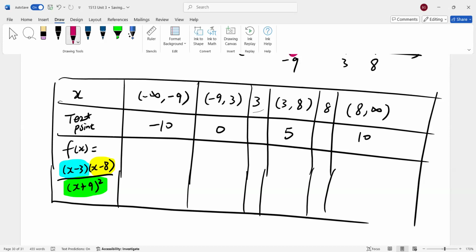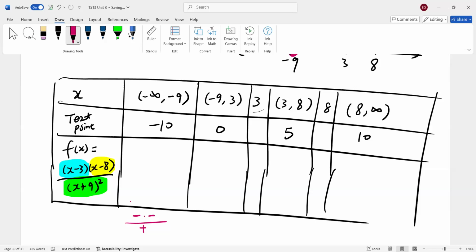Let's see the sign of the function when x assumes -10. -10 will make the blue negative, will make the yellow negative. So negative times negative is positive in the numerator, and the bottom is always positive.